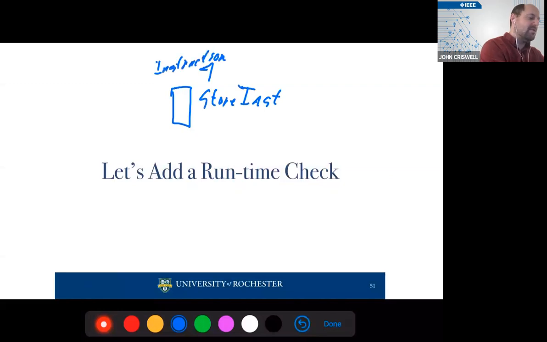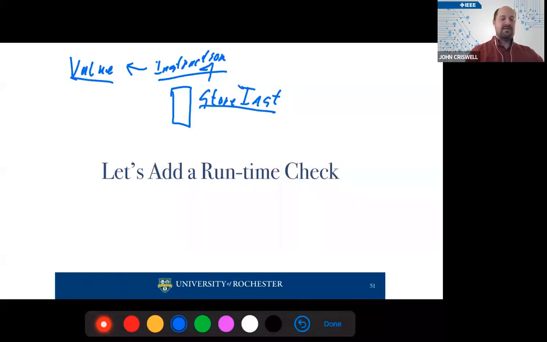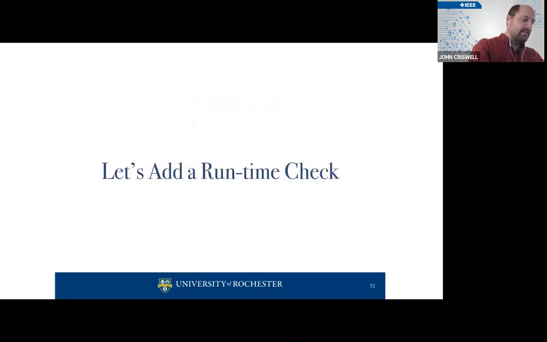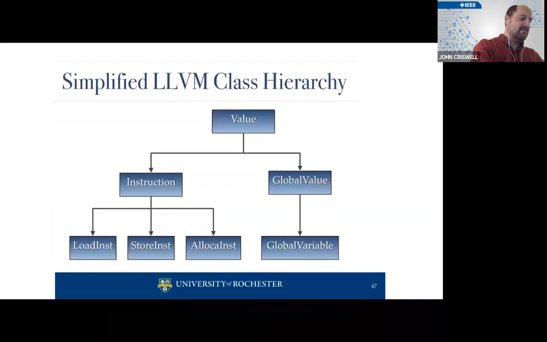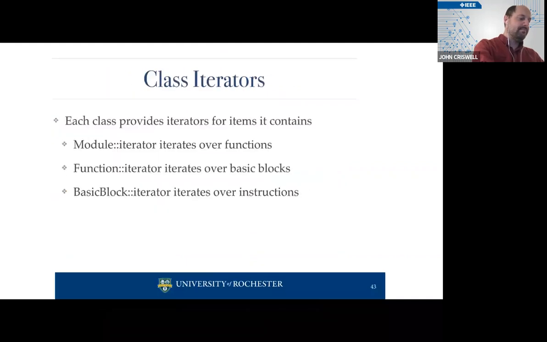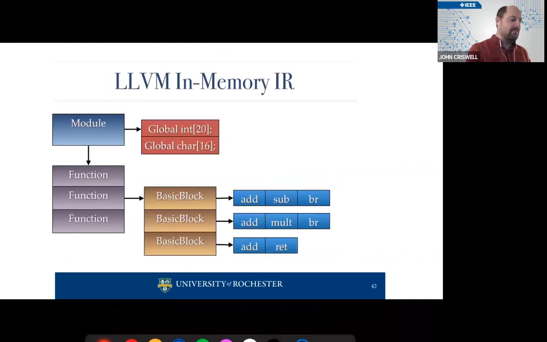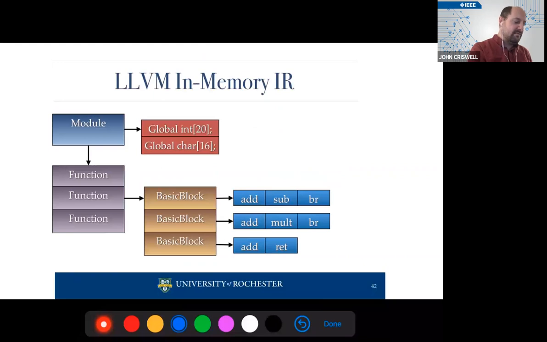And because it's an instruction, it's also a value. All store instructions are instructions, and all instructions are values. A basic block is made up of instructions, but these instructions can be of different types.